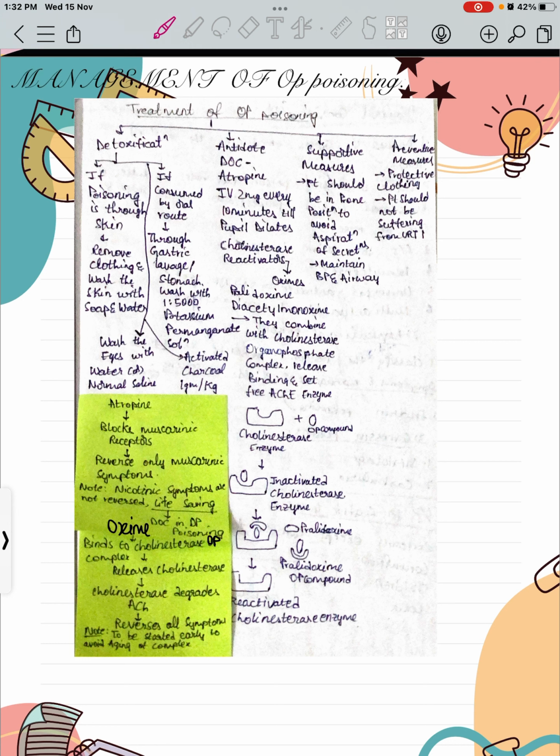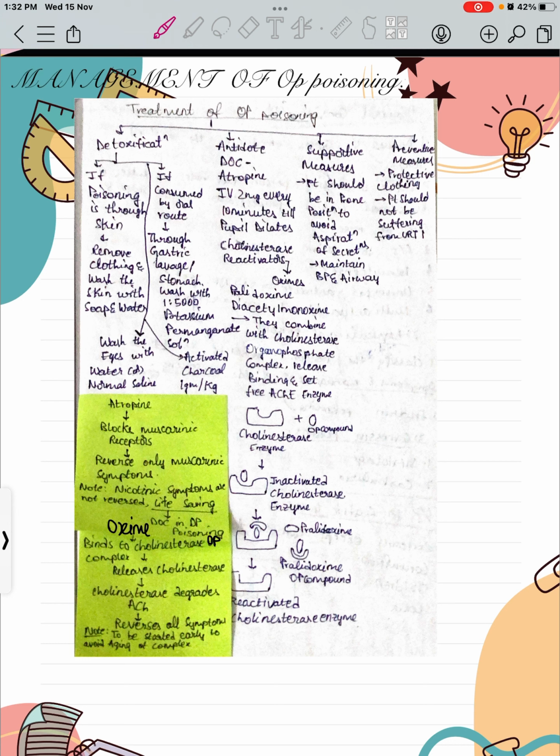By seeing the diagram, you can understand the statement. The OP compound will occupy the space on the cholinesterase enzyme, and pralidoxime makes that OP compound busy by binding to it, which causes reactivation and sets free the cholinesterase enzyme.